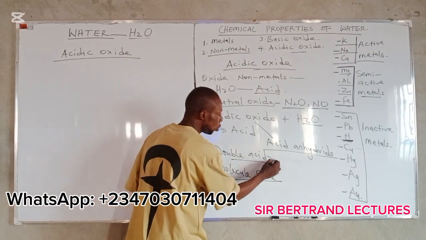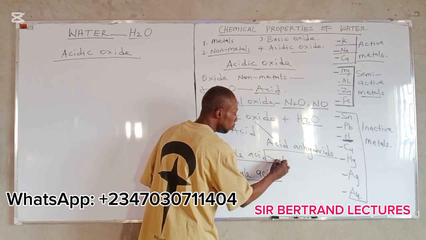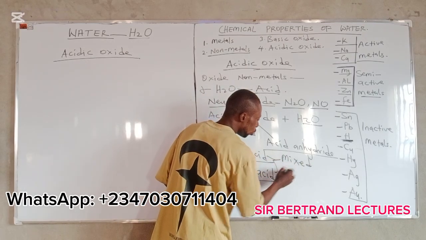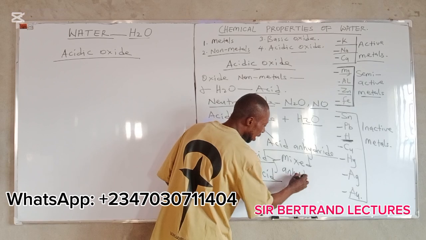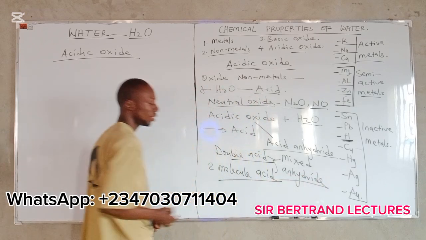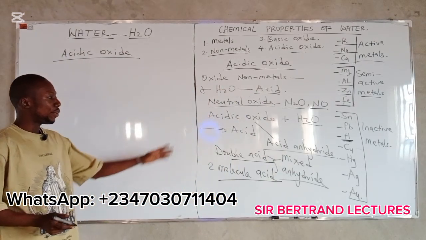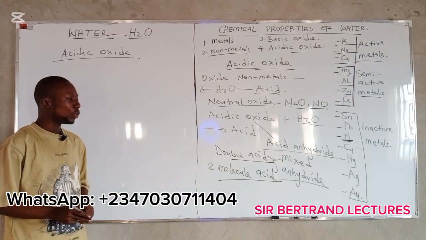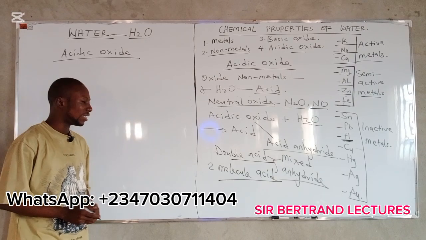All right? And these ones are known as mixed anhydride. Is that okay? We have some acidic oxides that react with water to produce double acid or 2 moles of acid.